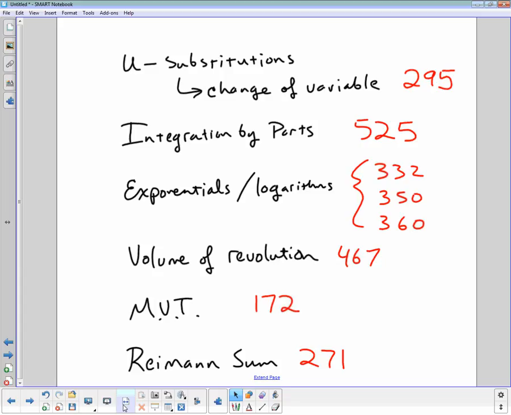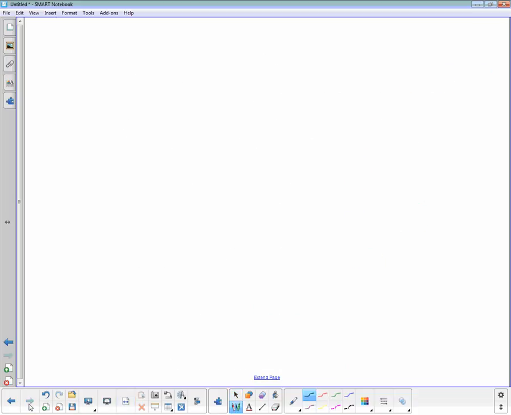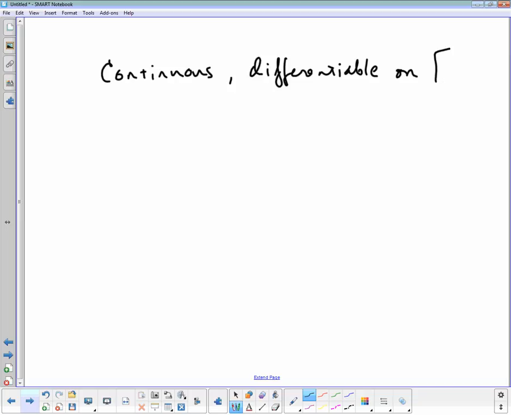Now, one of the things about the mean value theorem and Rolle's theorem is that it is continuous and differentiable on an interval, a closed interval, AB. Okay, that's an important piece.